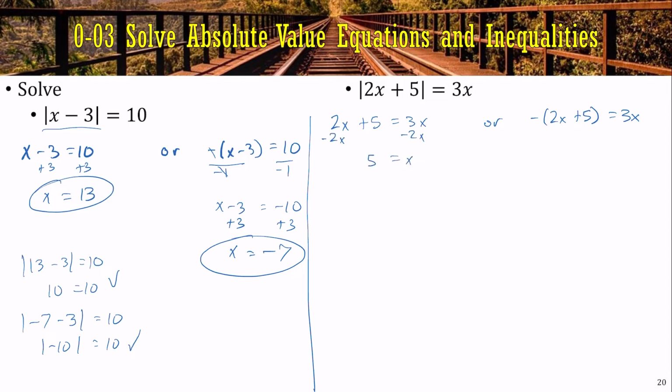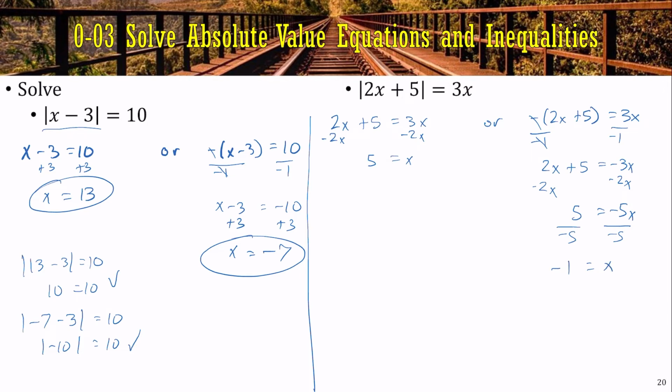So 5 equals x. Second one, we can either distribute the negative or divide by the negative. I'm going to just divide by the negative. Let's get the x's together. So 5 equals negative 5x. Divide by the negative 5 to get the x by itself, so I get negative 1.